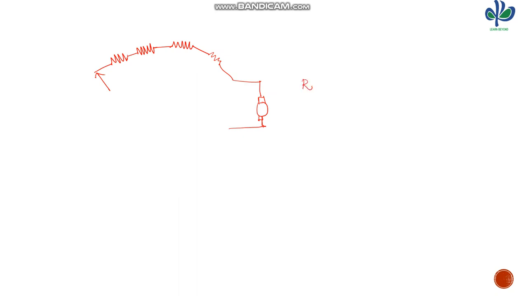When the resistance is high, the current flow is low, so EB is also low. When the resistance is reduced, the current flow increases, so the back EMF also increases. This is at the instant of starting. The second condition is at another position of the starter.